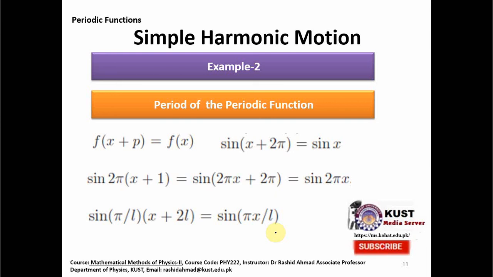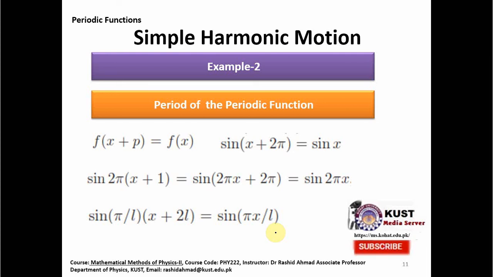In today's lecture, we have seen how periodic functions can describe simple harmonic motion, which is so common in physical problems. As I already told you, a mass attached to a spring, a simple pendulum, or a tuning fork all execute a simple harmonic motion, that is a periodic motion, repeating their motion after a certain interval.